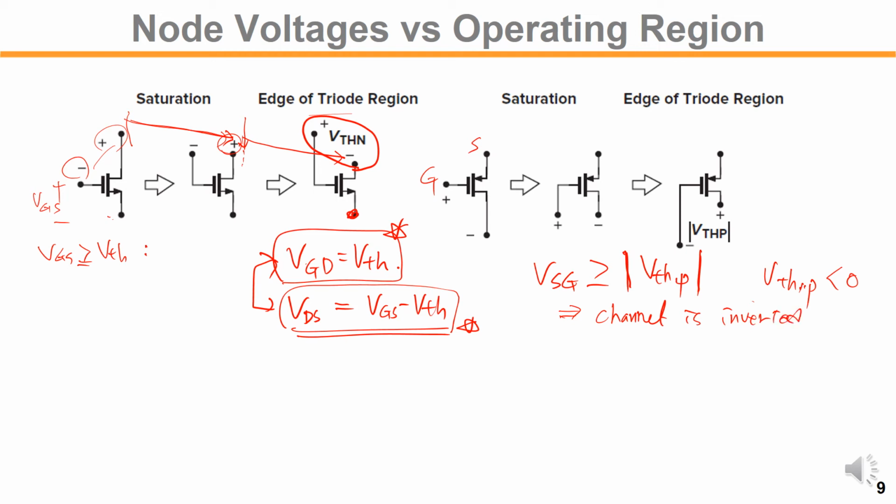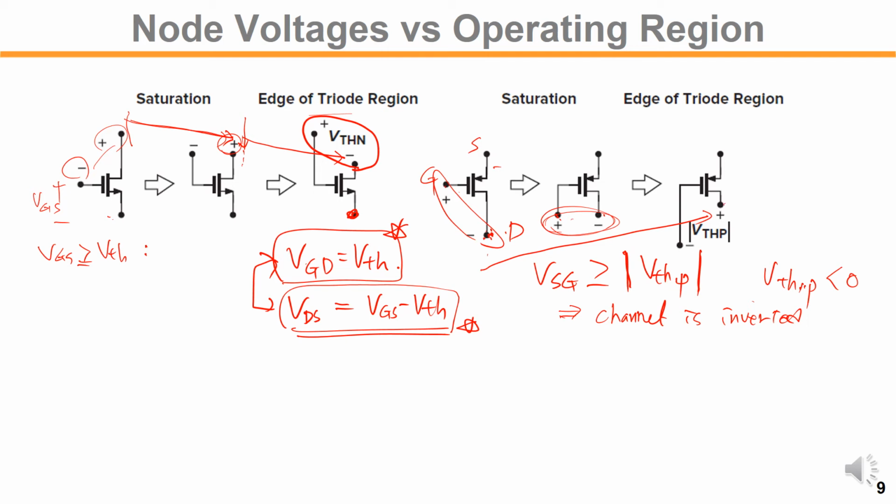Now let's look at the difference between gate and drain. If the drain voltage is going up and up, here the drain voltage is the same as the gate. If the drain voltage is lower than the gate voltage, then definitely it's in saturation. If the gate and drain are at the same voltage, then it is still saturation.